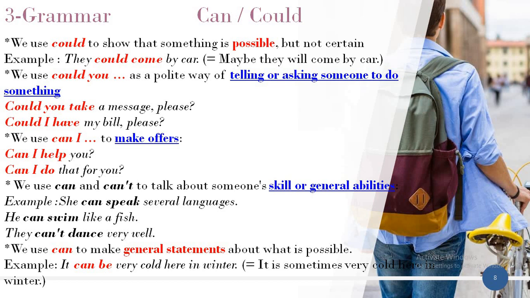We use it to make an offer, and for ability, to show that he or she or they are able to do something, and for possible things that may happen.